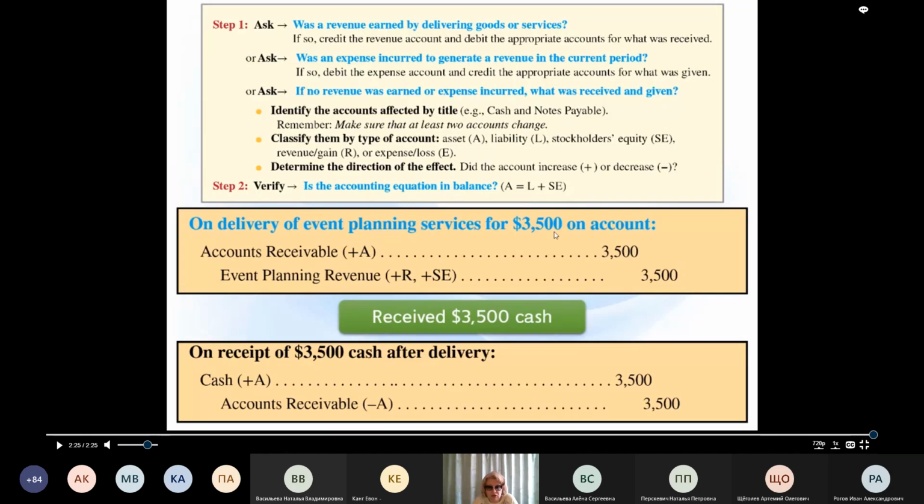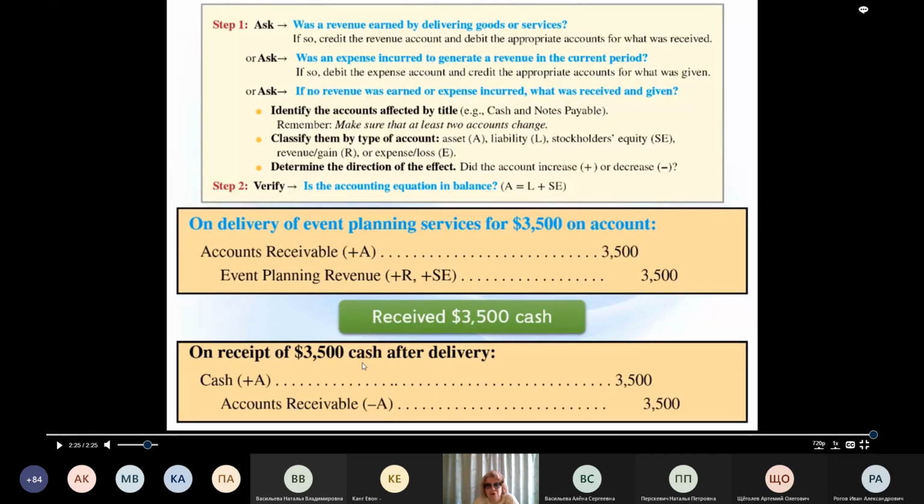So on this slide, we have the common situation that we have the delivery of goods and services before cash payment. This is why we initially recognize revenue in correspondence with accounts receivable, and after, on receipt of cash, we should recognize cash, increase cash, and decrease accounts receivable.